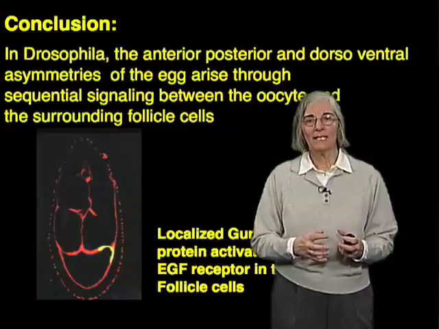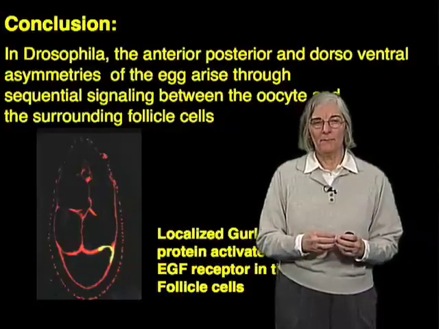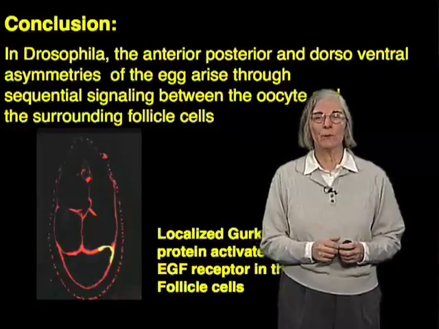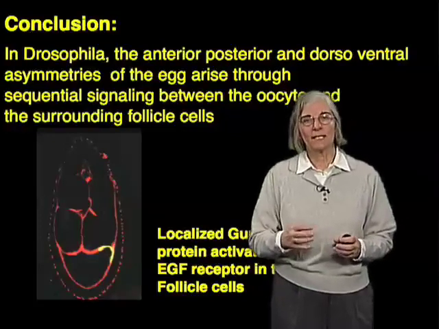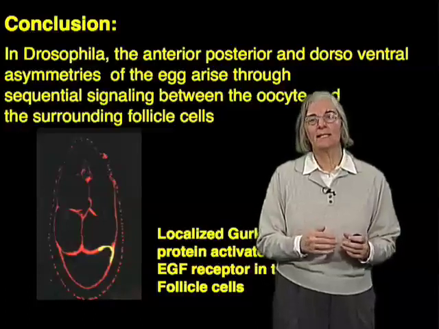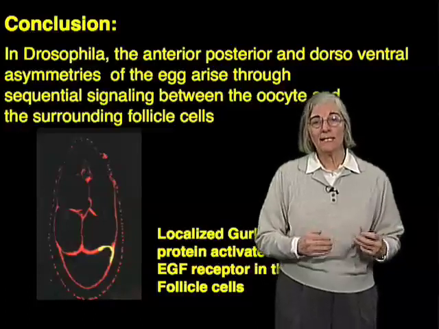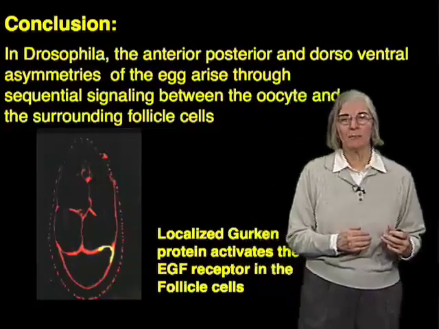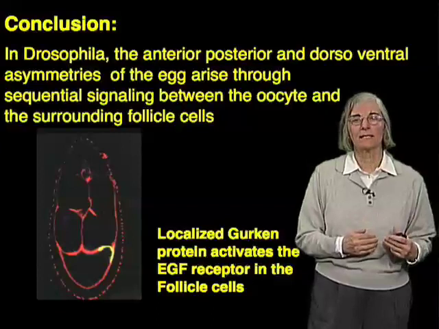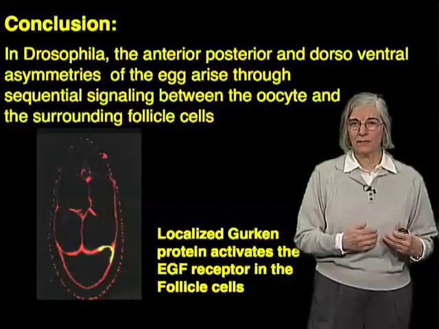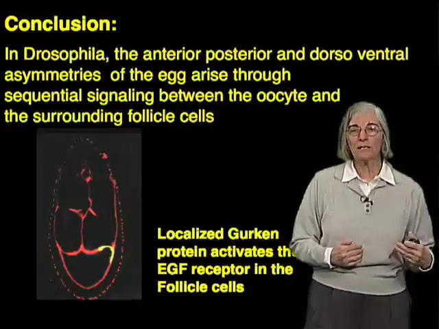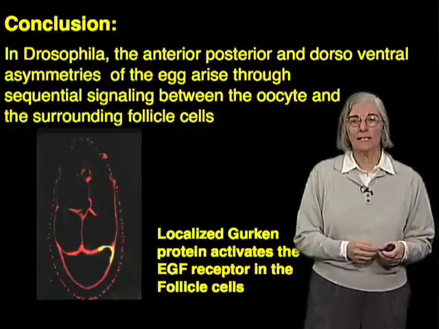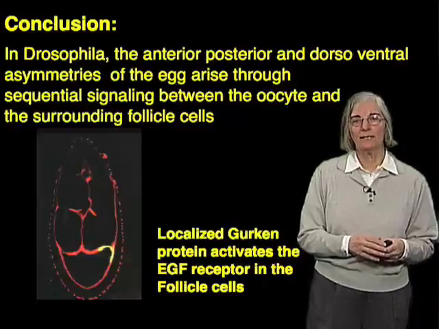The germline initially makes these asymmetries by moving the oocyte to the posterior and moving the oocyte nucleus to one side, but in both cases these initial asymmetries are then signaled to the follicle cells through the Gurken EGF receptor signaling pathway. The follicle cells are induced to take on specific fates, and the follicle cells then signal back to the oocyte and cause asymmetries within the oocyte.